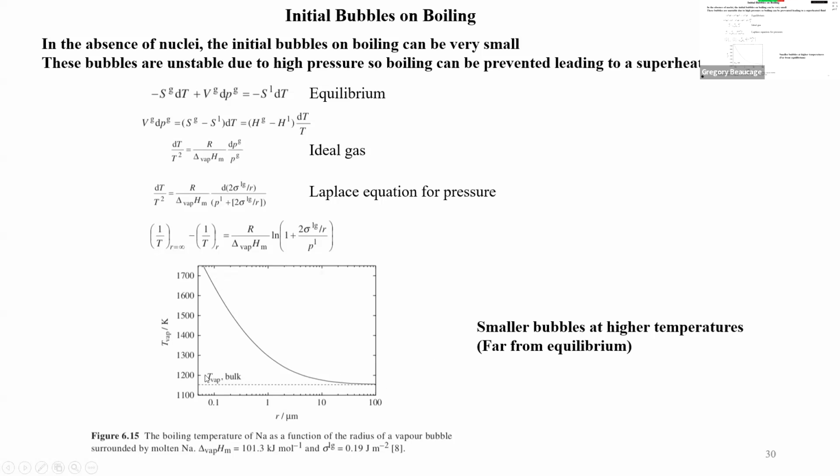So again, if you have a big temperature jump, the bubbles or the droplets will be very small. If you do a T jump either up to boil or down to condense, the further you get from equilibrium, the smaller the particles get. So basically the theme is that if you want to make small particles, you have to go very far from equilibrium.